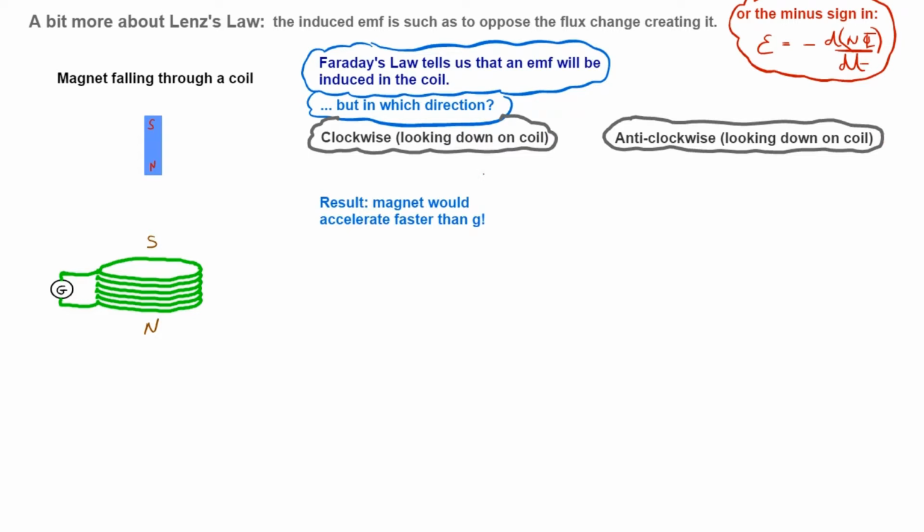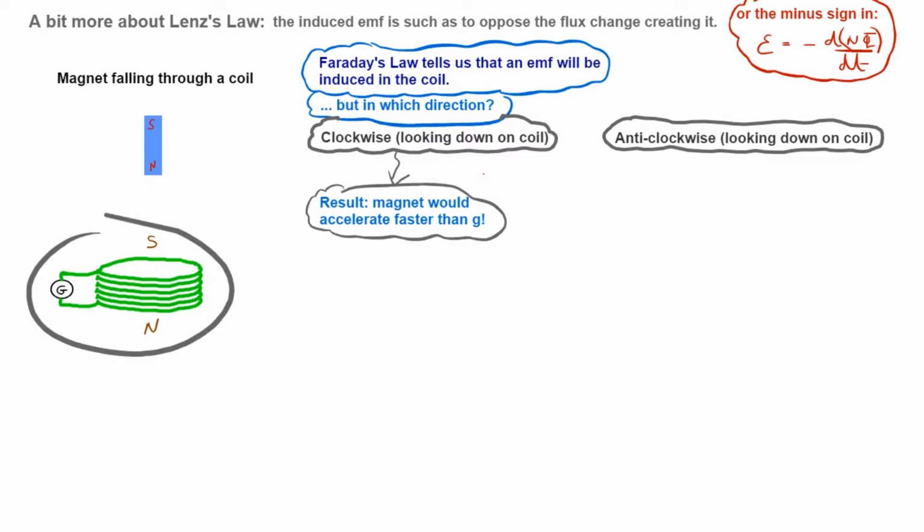So we've got a major problem in physics terms, because this has no power supply, and there's no energy coming from anywhere here. It's just a piece of metal and an ammeter, and we're saying that if we drop a magnet towards it and the induced EMF turned out to be clockwise, looking down from above, then it's going to start accelerating the magnet faster than g. Well, there's something wrong with that, isn't there?